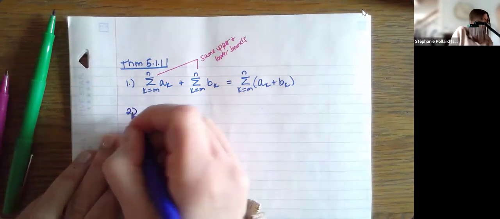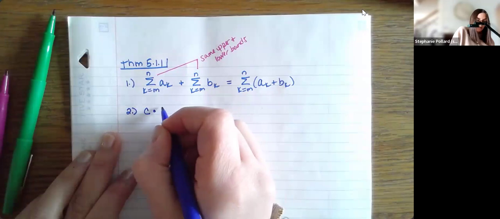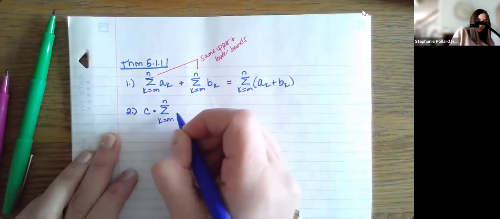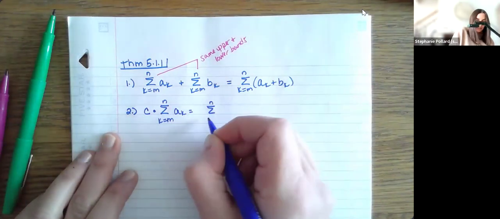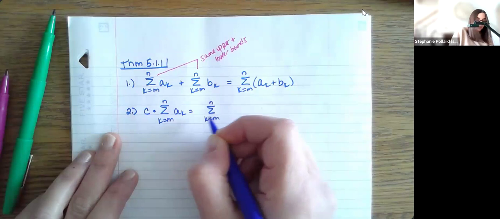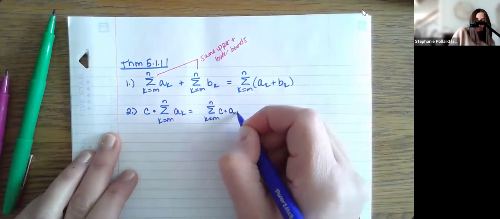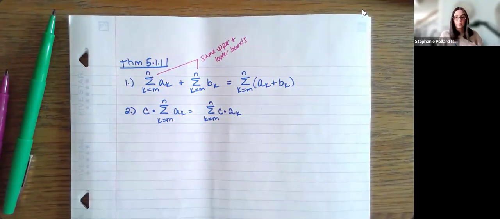Another helpful one is, let's say you're taking a constant and you're multiplying it by a summation. You could also multiply that constant inside the summation instead. Okay. So you can bring that C underneath and bring it along with the summation.